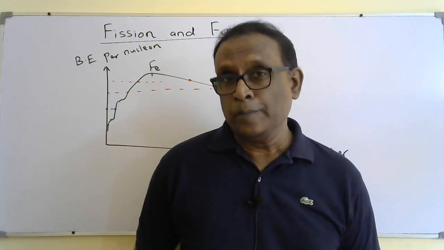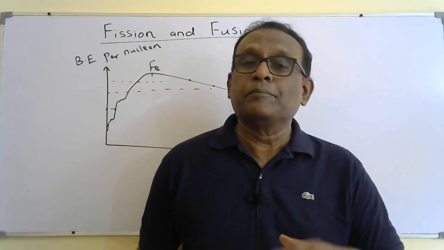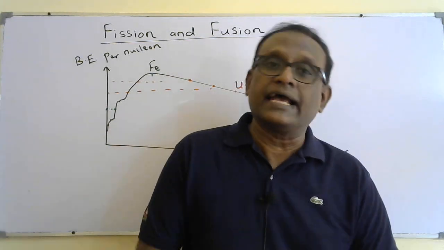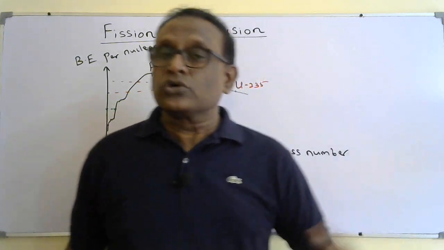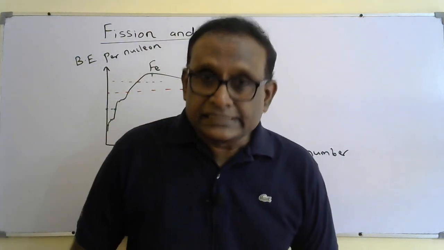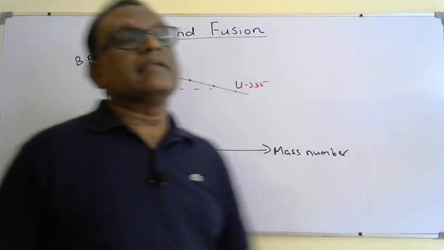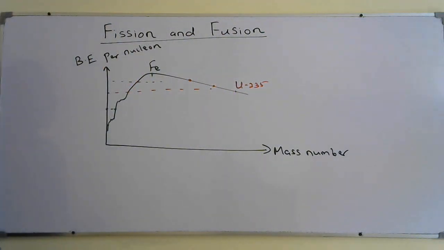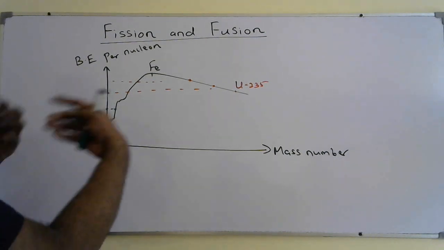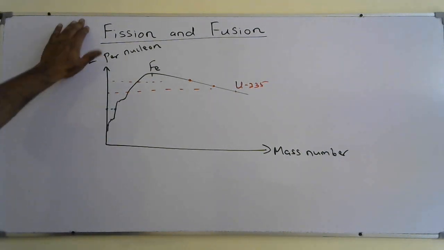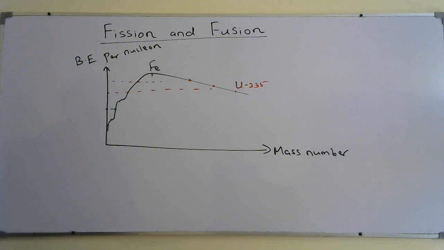So there also stability is increasing compared to hydrogen. Helium has more binding energy per nucleon, so stability is more. So there also energy could be released, and that interaction is valid. That reaction is called nuclear fusion reaction. So we are going to go into detail about nuclear fission and fusion separately now.